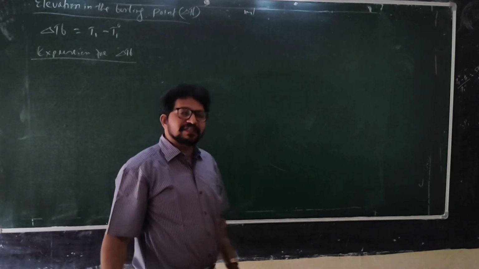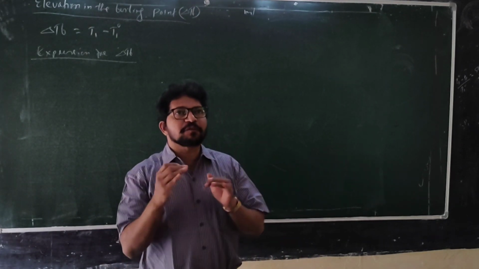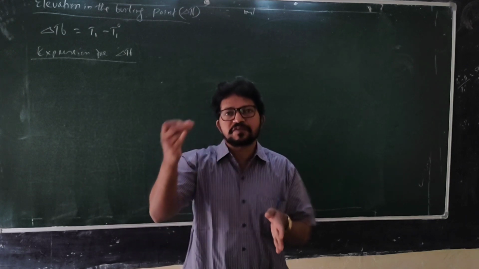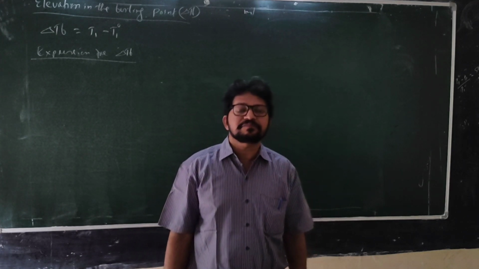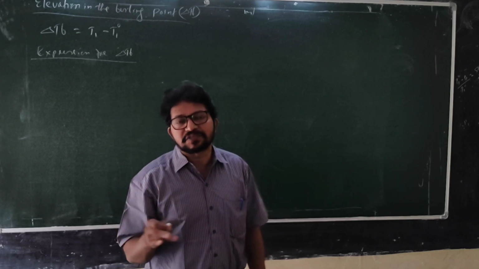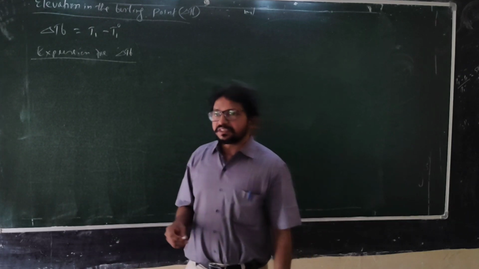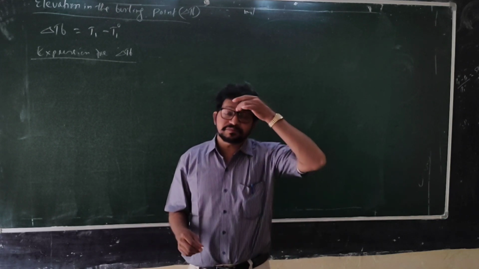Since it is a colligative property, what are colligative properties? They depend on the number of solute particles. So here we link the number of solute particles in terms of molality. What is molality?